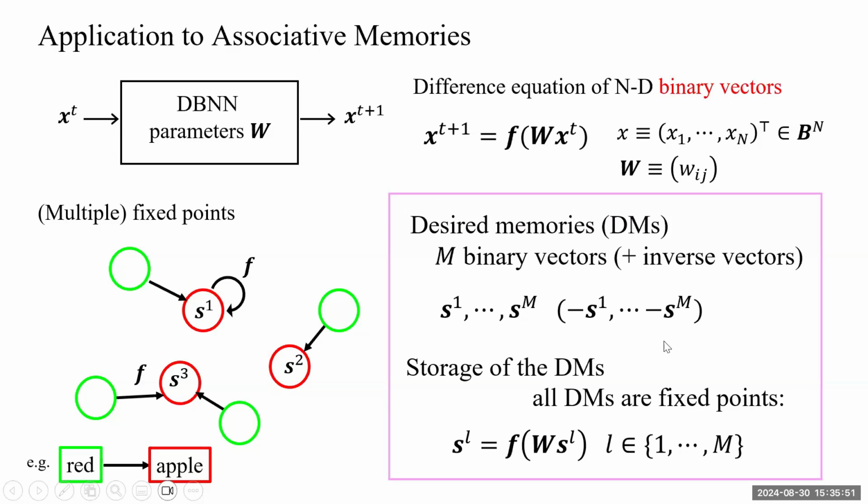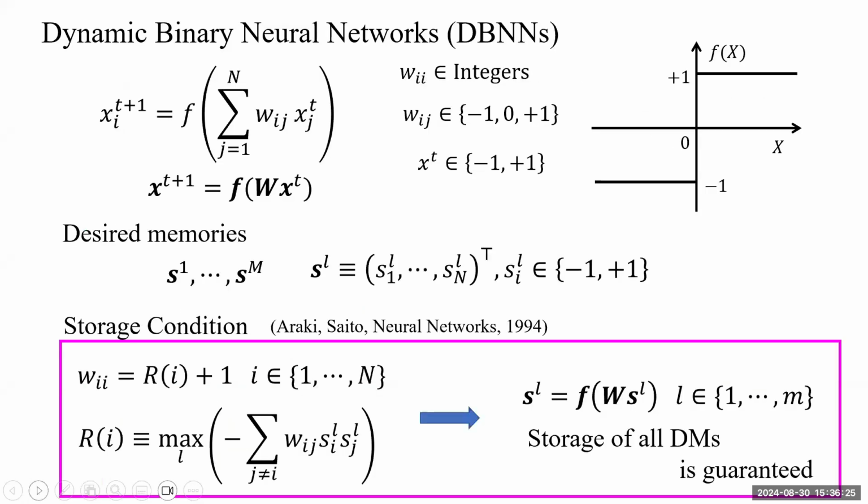And the storage of desired memory means we can set parameters such that the desired memory is a fixed point of this difference equation. Anyway, desired memories are n-dimensional binary vectors, and the storage of desired memory means fixed point of DBNN.